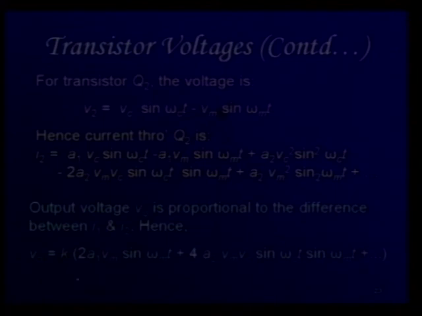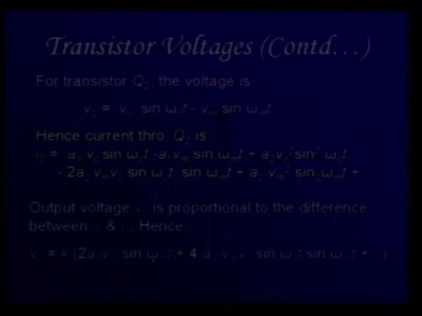So minus minus becomes plus. And similarly here this term was minus 2 A2, there it was plus 2 A2. So minus minus we had 2 times, so it is plus 4 A2 Vm Vc sin omega Ct sin omega Mt.